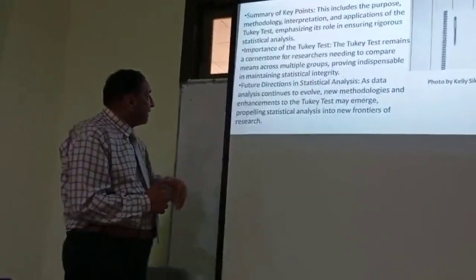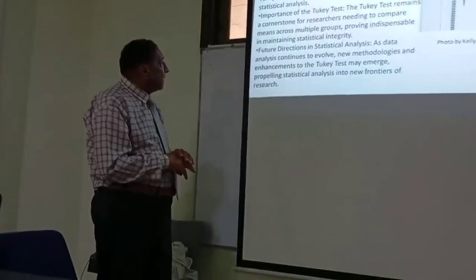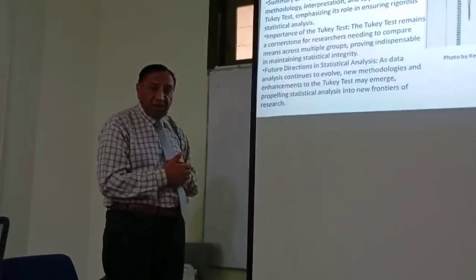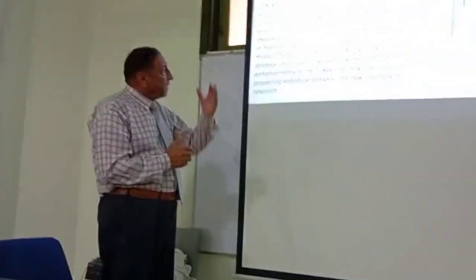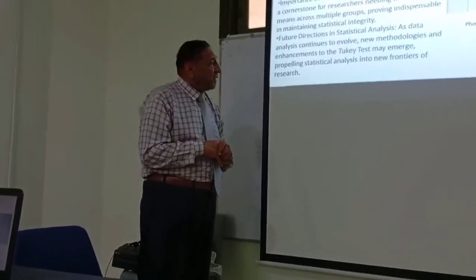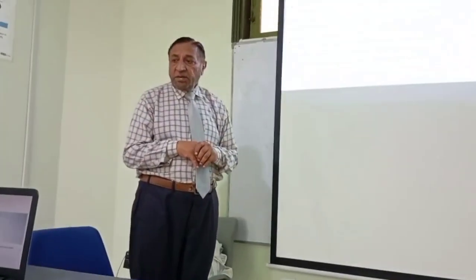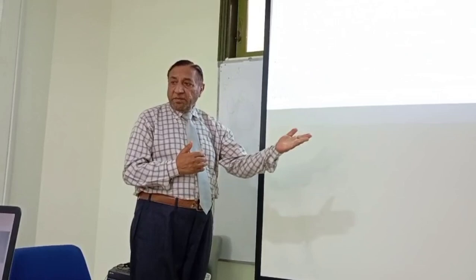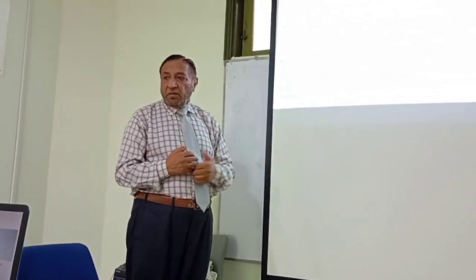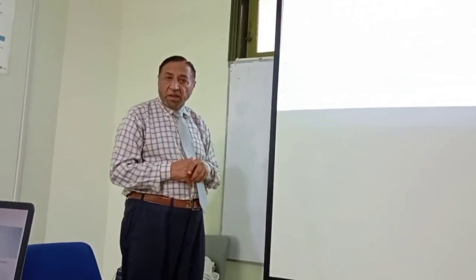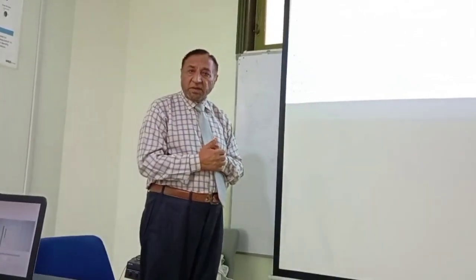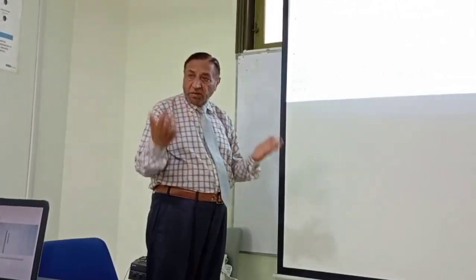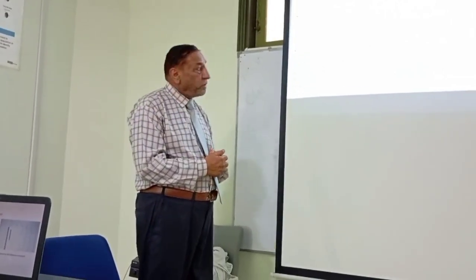In some cases new versions of the test may come because data science is evolving. The common question which we normally ask is when Tukey's test is used; the options may be after ANOVA, after chi-square, after confidence interval, or after p-value. The correct answer is that after ANOVA we will use Tukey's test.